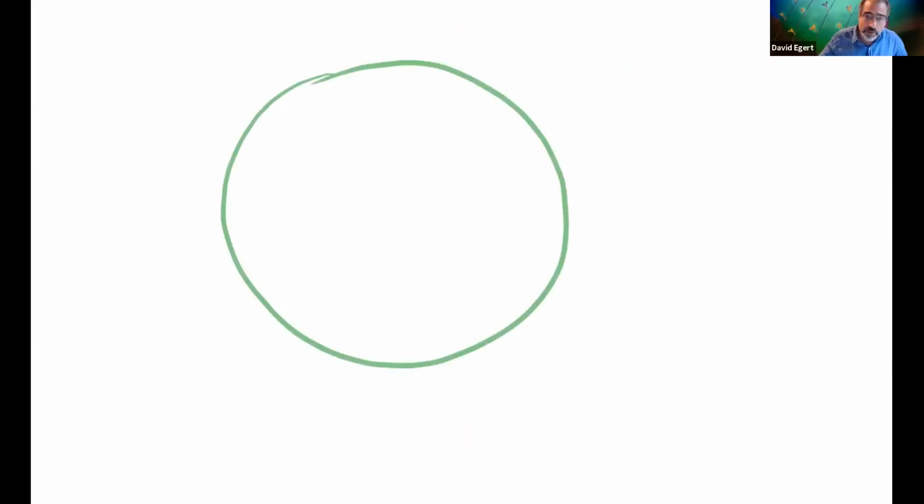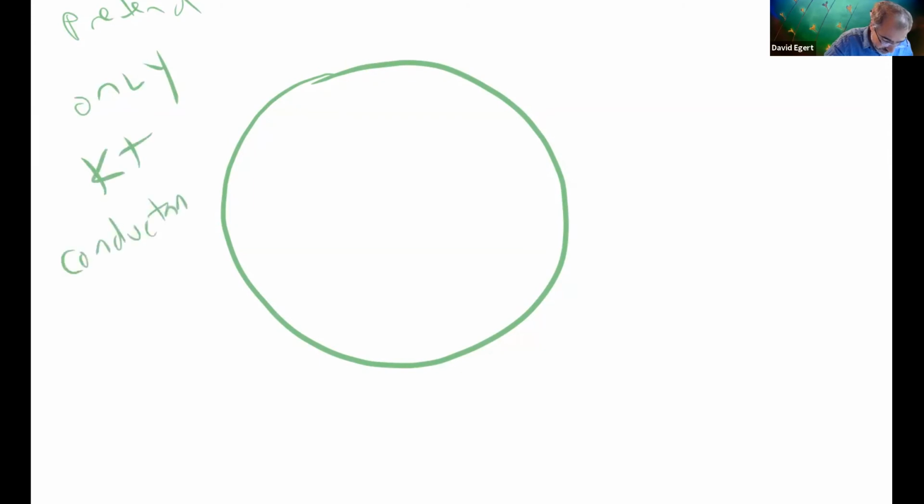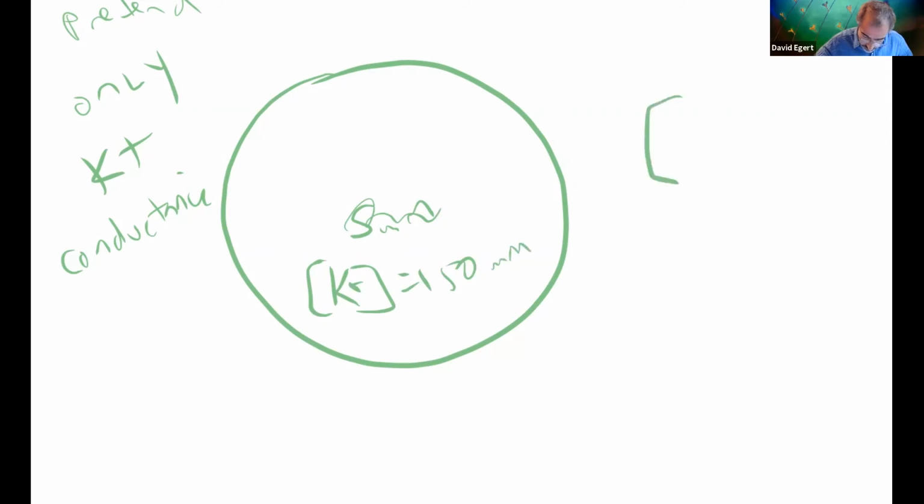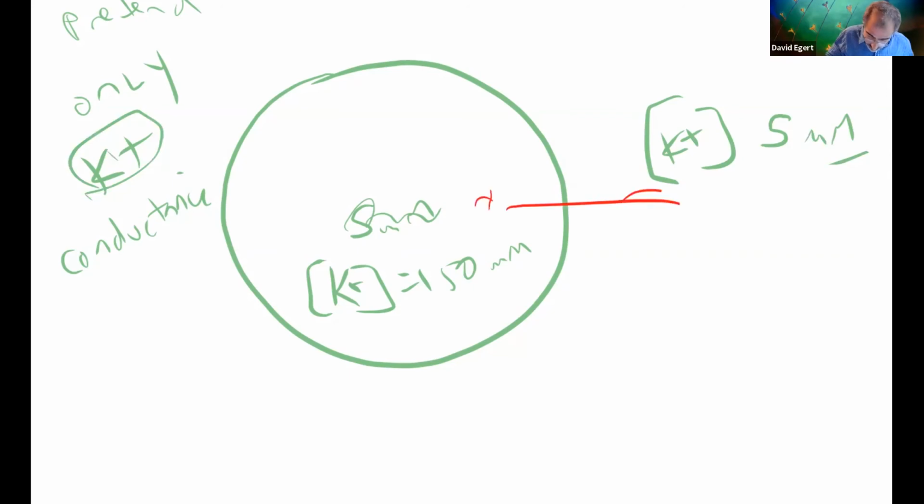So if we go back to last class, we said, pretend only potassium conductance. Potassium inside is 150 millimolar. Potassium outside is 5 millimolar. So if it's only potassium conductance, the potassiums all want to leave because of their concentration gradient.